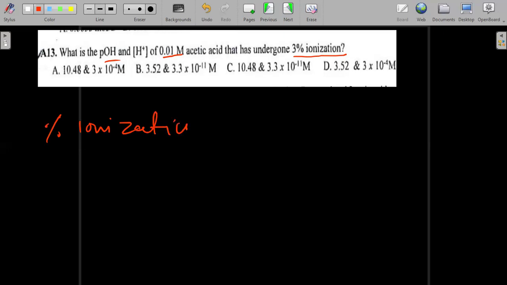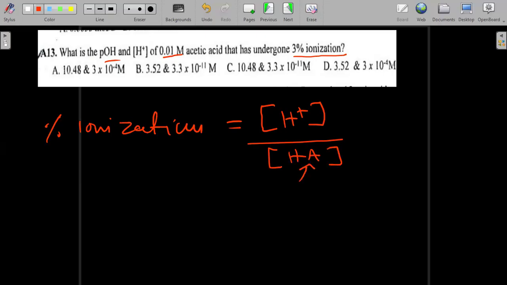The percentage of ionization is equal to the hydrogen ions present at equilibrium divided by the initial concentration of the acid, and then we multiply by 100.